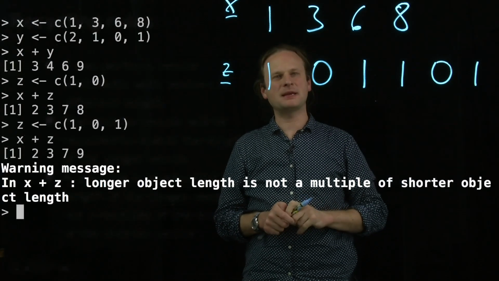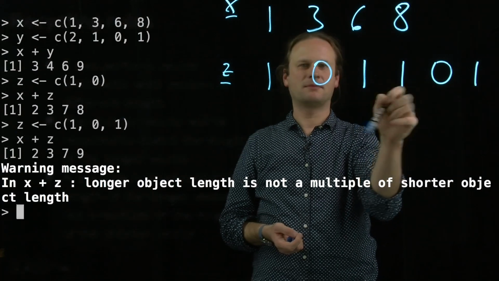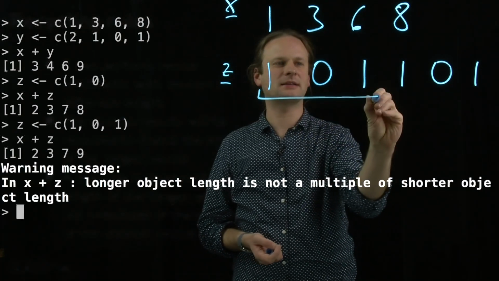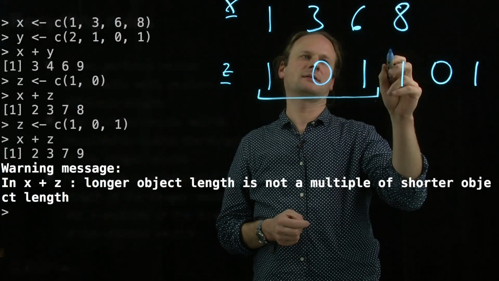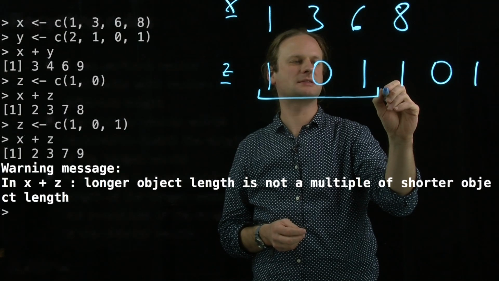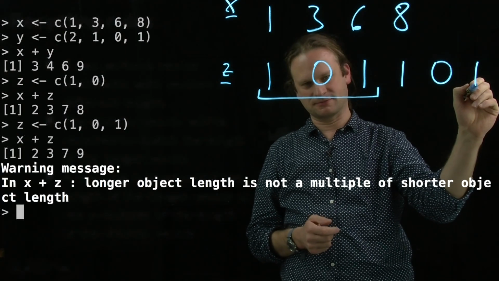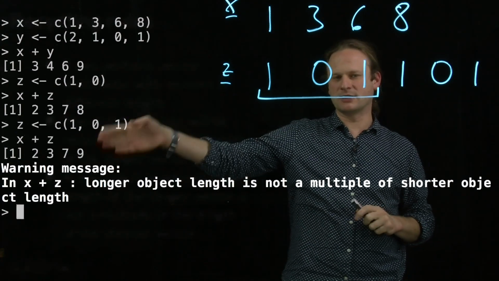But if R repeats z, now the vector z is too long, because the length of z is 3 and 4 is not a multiple of 3, so whatever R does, some bits will now stick out. And that's the reason why R now produces a warning message here.